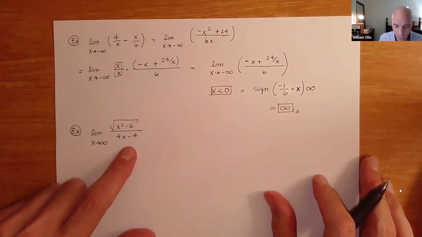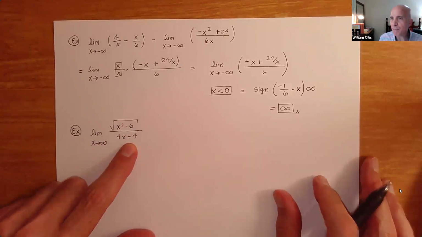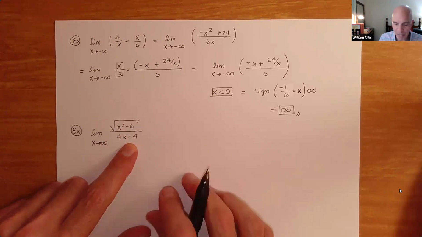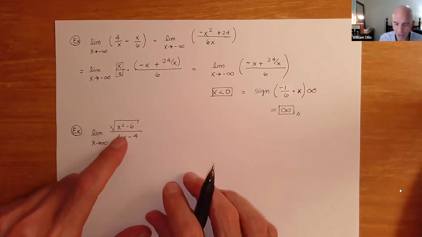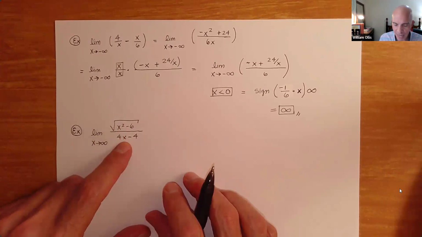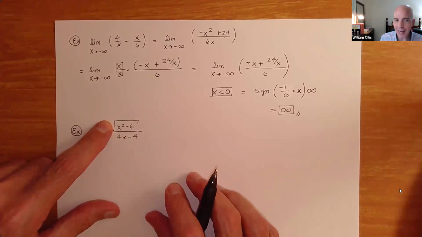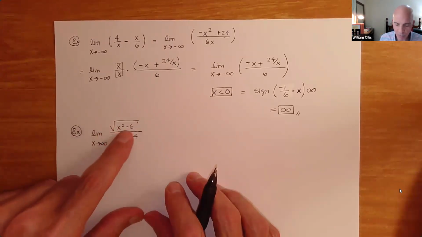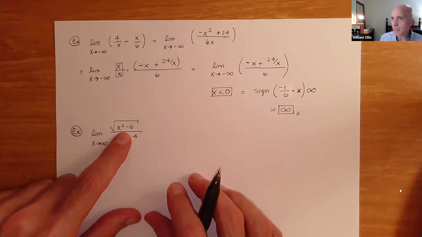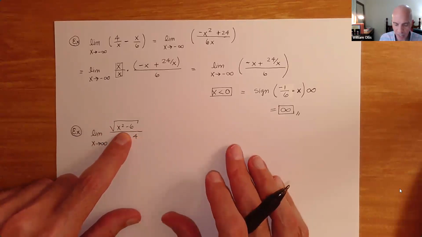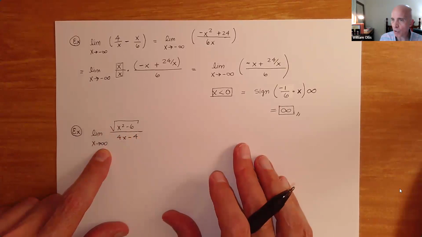So again, we're back to a simple example in the sense that it mimics the first one, except now the radical is upstairs instead of downstairs. And so we're thinking the numerator is basically acting like what? The absolute value of x, because the x squared minus 6 is essentially x squared as x becomes infinitely large.